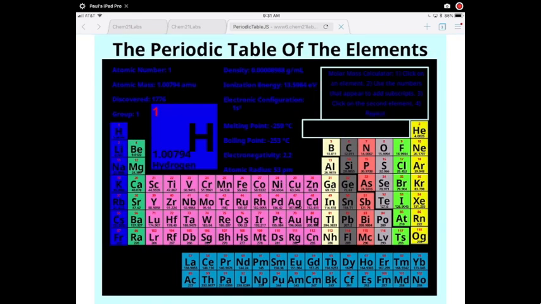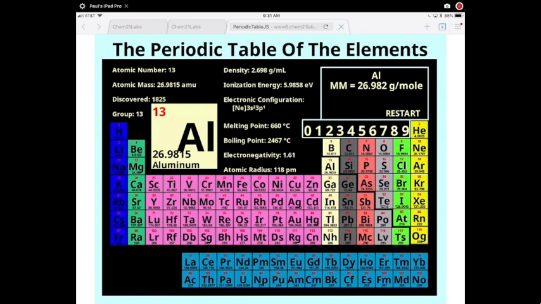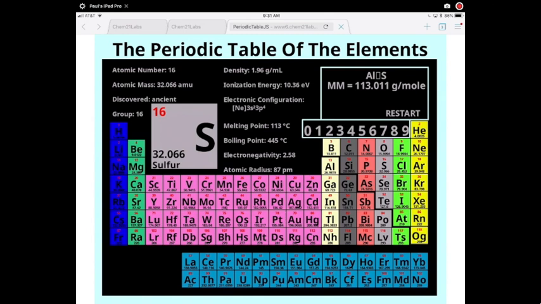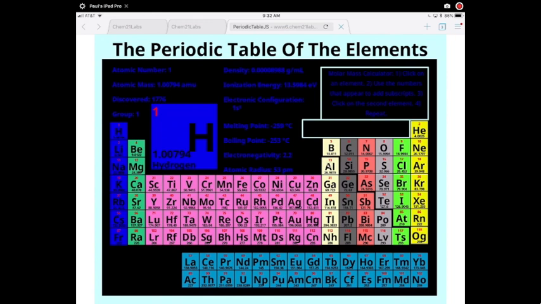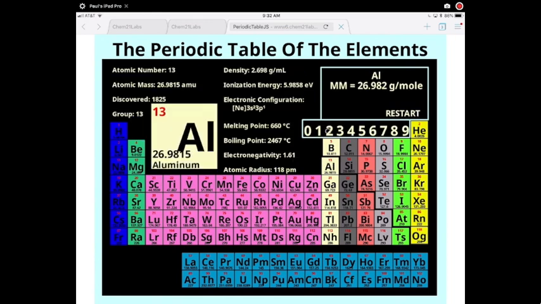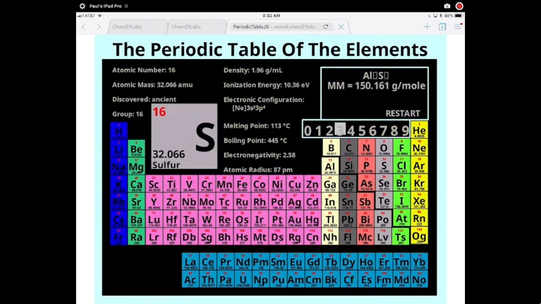Aluminum 3, sulfur, it was aluminum 2, wasn't it? Good night. Aluminum 2, sulfur 3. How many oxygens? 12.